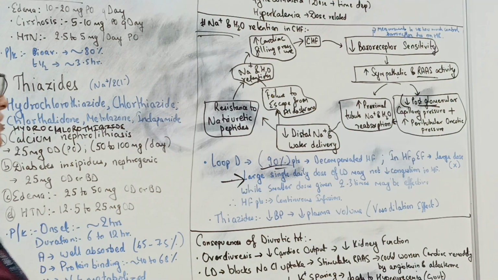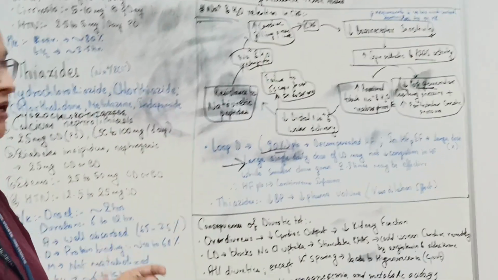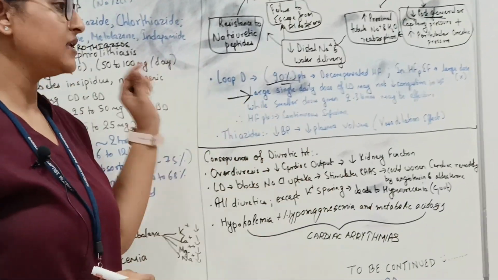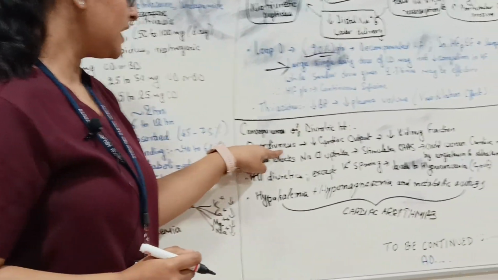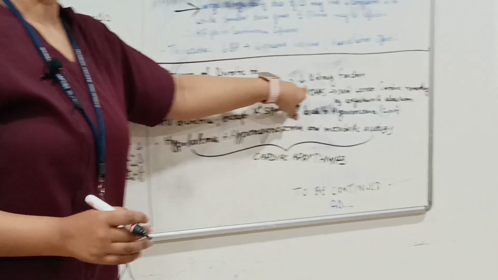Now coming to the consequences of diuretic treatment, an overview after part 1 and part 2. When there is over-diuresis, there is a decreased cardiac output, which will decrease the kidney function.